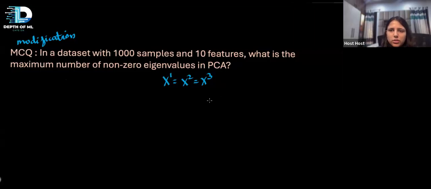Why 1000, Harshit? See, what is happening is that these features are highly correlated, or there is multicollinearity between these. So the eigenvalue corresponding to this and this will be 0.